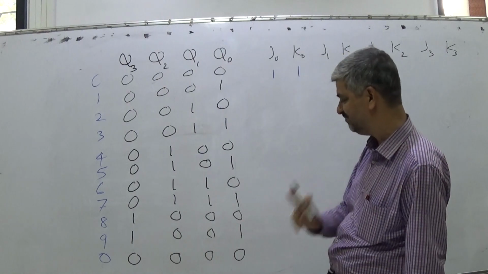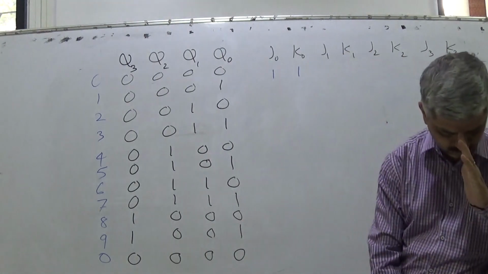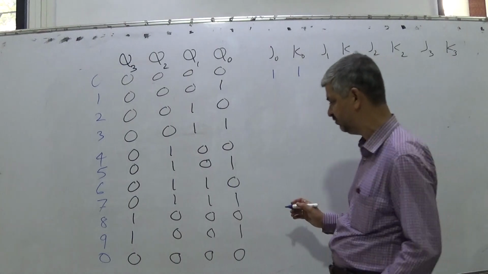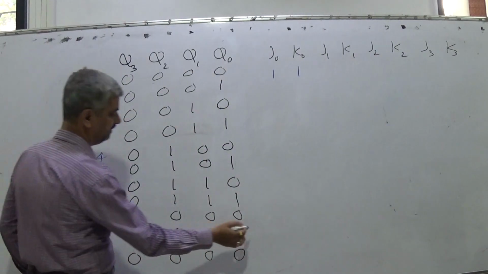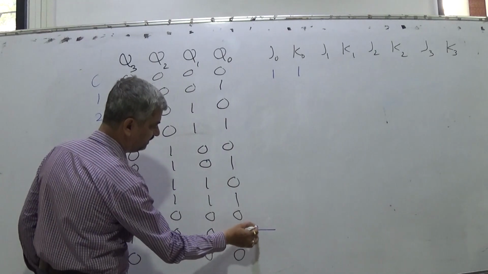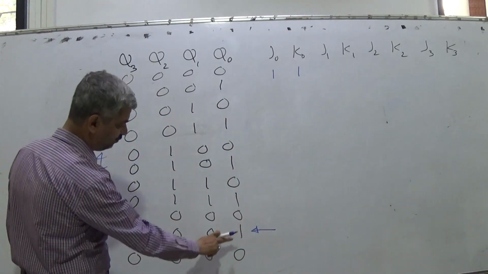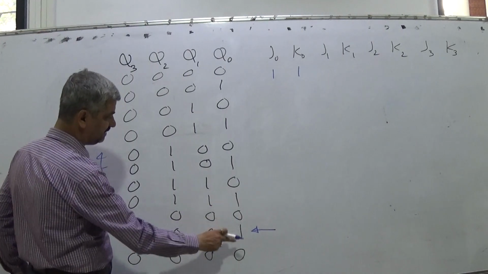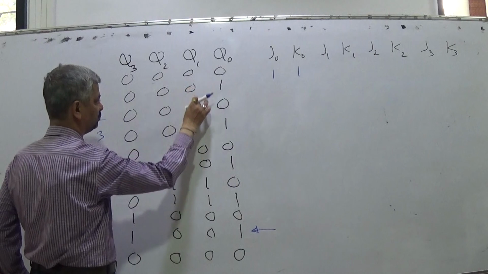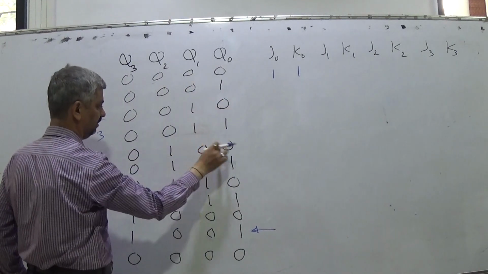But the most important thing to consider is the situation from state 9, where it should advance to the next state. Each time Q0 was 1, you find Q1 toggling.